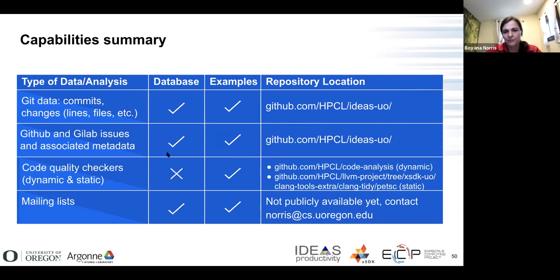And we provide examples, and then I have some locations of where these things are being developed and documented. The mailing list analysis is available if you really want to look at it. However, we have not quite updated it to use our existing database, and so it's less up to date. But that basically has the sentiment analysis and other such functionality I mentioned briefly.